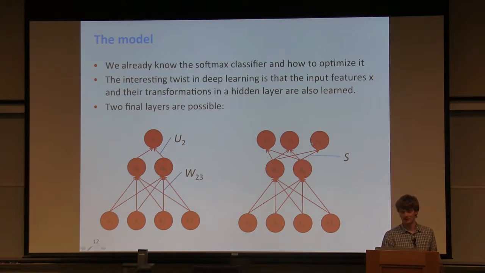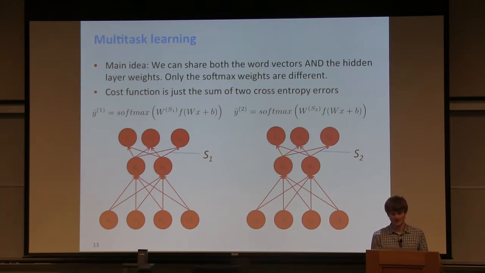As you train this, you'd take the softmax here and have different weights for this softmax, but you share the weights of the intermediate layers. So the overall cost function or objective function will be the sum of the cross-entropy errors for this classification problem plus that classification problem.